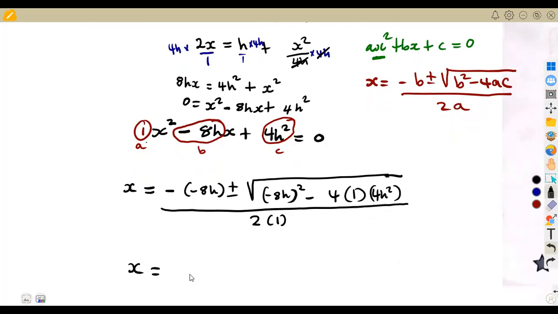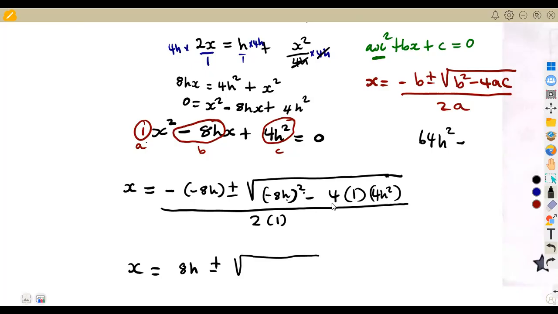Okay? Minus, minus, that's a plus. We're going to have plus 8h, plus or minus the square root of. So if you simplify, you're going to see that negative 8 squared is 64. Then h also is going to be raised to the exponent of 2, so it'll be 64h squared, okay?